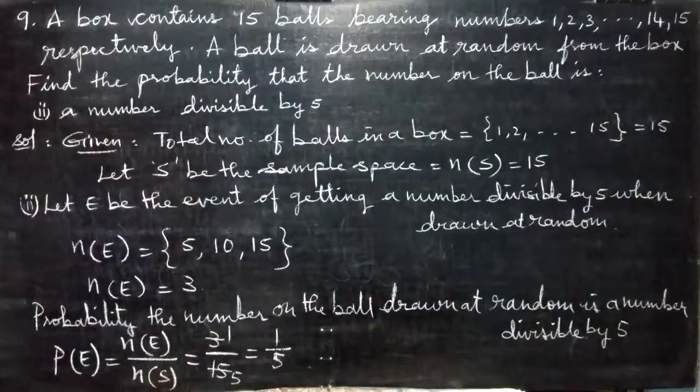Conclusion: how to write the conclusion? Therefore, write the conclusion clearly. The probability that the number on the ball drawn at random is a number divisible by 5 is equal to 1 by 5.